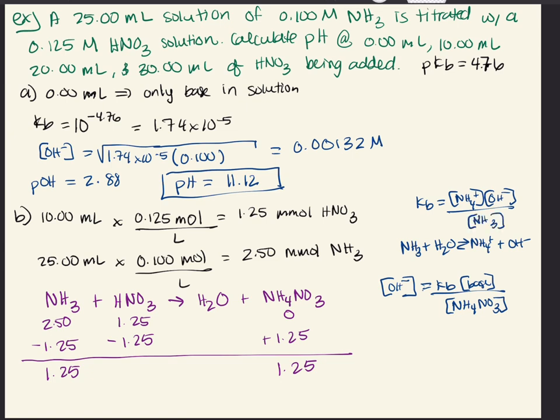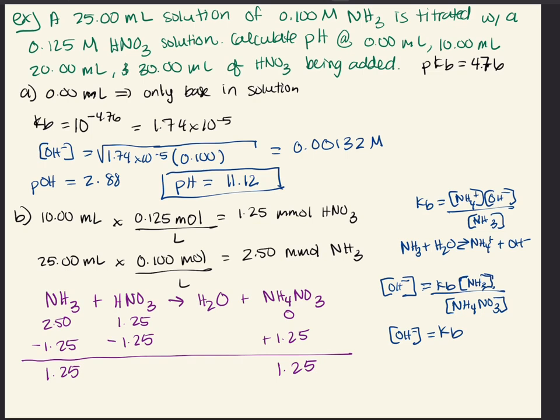And when we solve for hydroxide, then this is the equation that we'll get. Now notice we have equal parts ammonia and ammonium, so that means the concentration of our hydroxide is going to be equal to Kb.